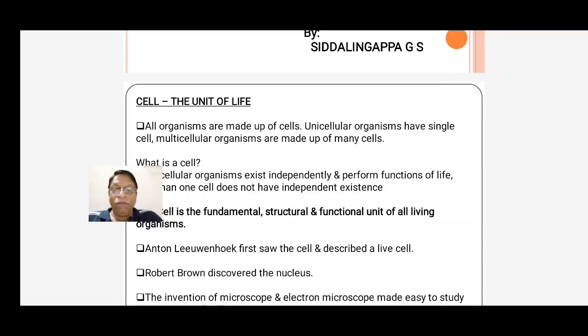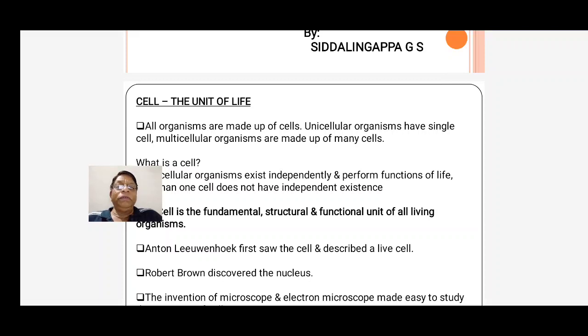The basic unit of life means the cell. All living organisms contain cell or cells. But non-living things or inanimate things do not contain the cell. This is one of the major differences. Okay.